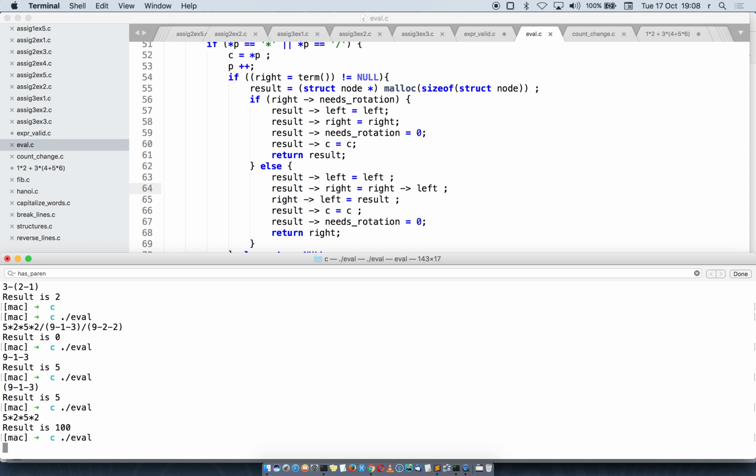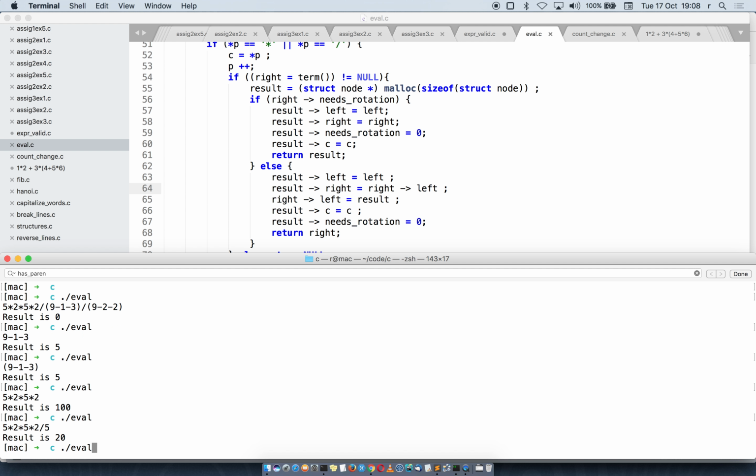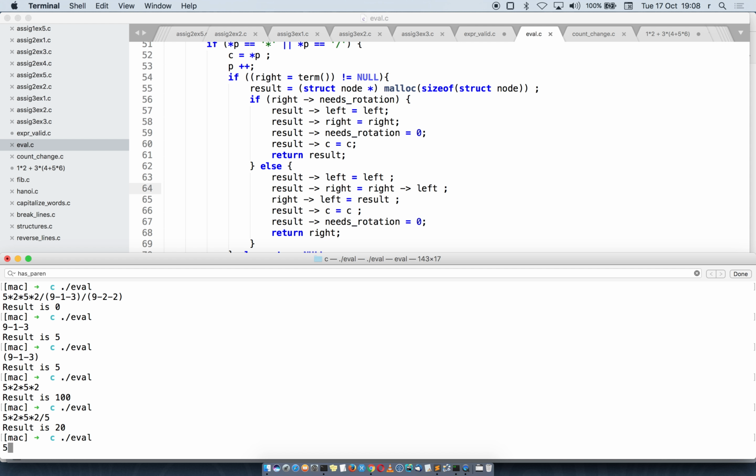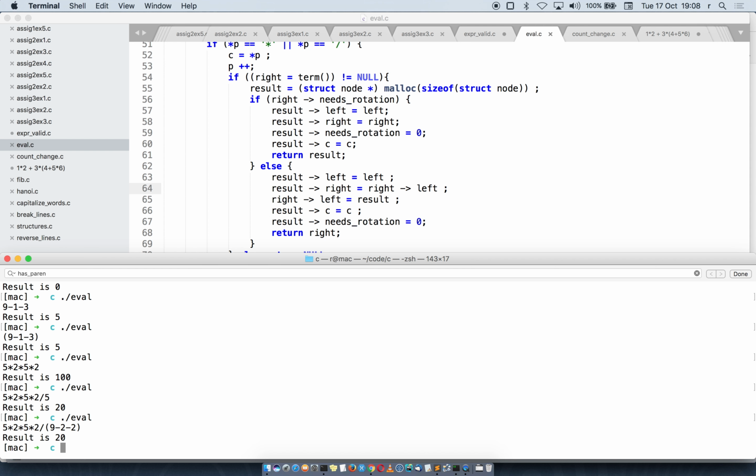So 5 times 2 times 5 times 2 divided by 5 first, and get 20. So 5 times 2 times 5 times 2 divided by 9 minus 2 minus 2, still 20.